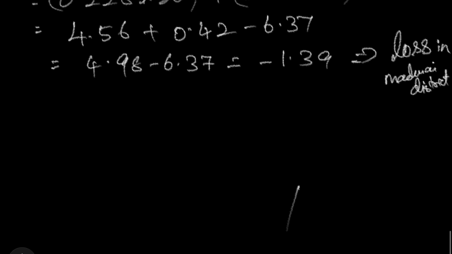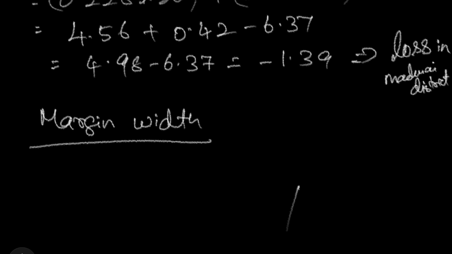And now let's have a simple thing to conclude. As I said, the margin width can be calculated by 2 divided by the magnitude of W. So now I have values of W1 and W2 in my hand. So I'll show you how to solve this.